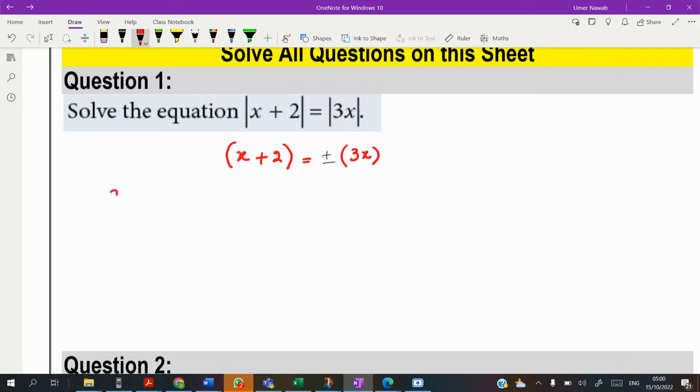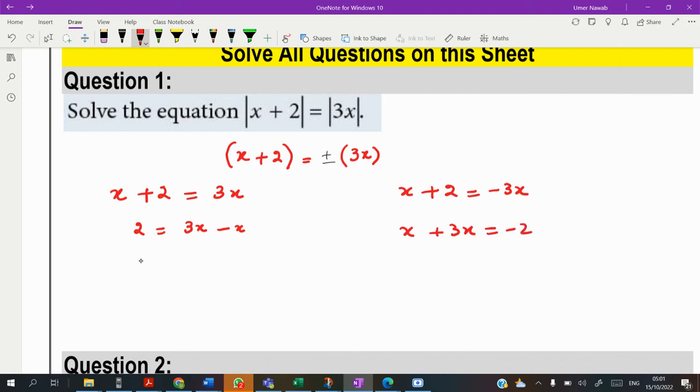So write the two equations separately. x plus 2 equals 3x, and x plus 2 is equal to minus 3x. Then we try to solve these equations. 3x minus x, and 2 is equal to 2x, so 2 divided by 2 will be 1.